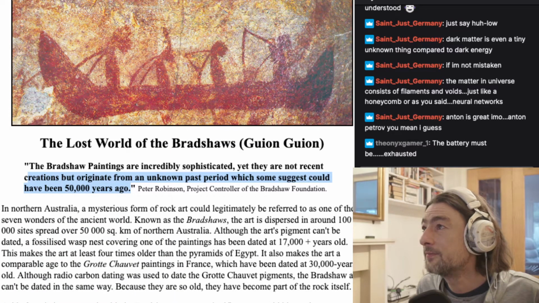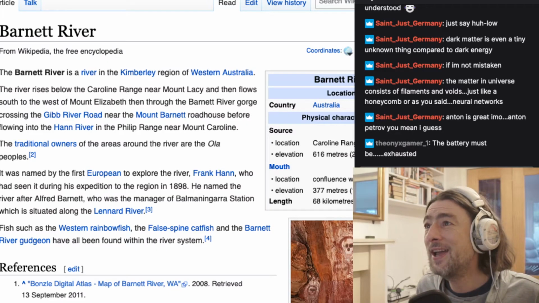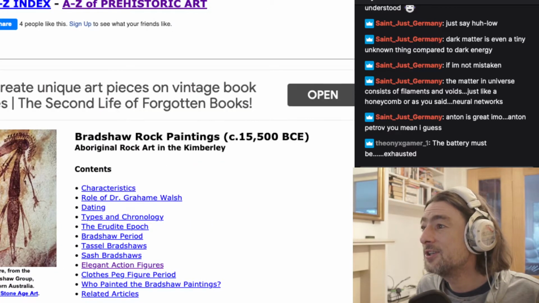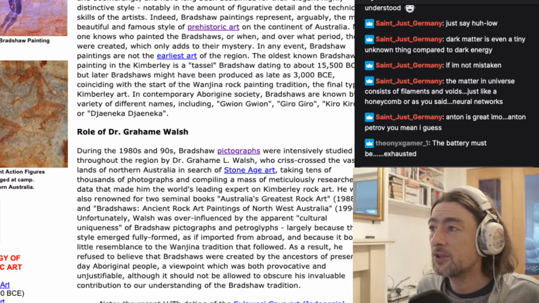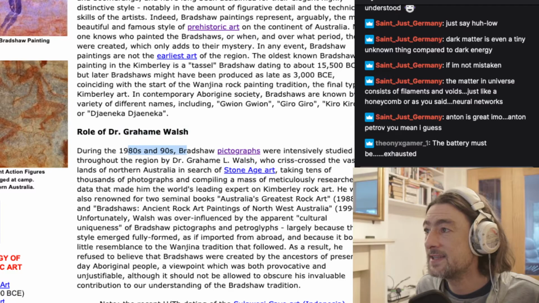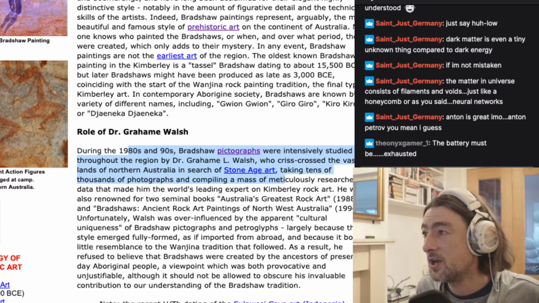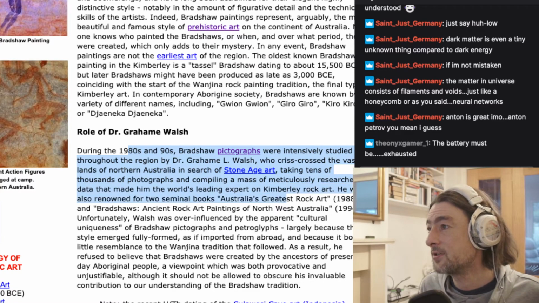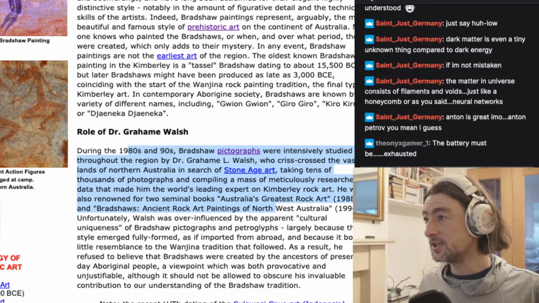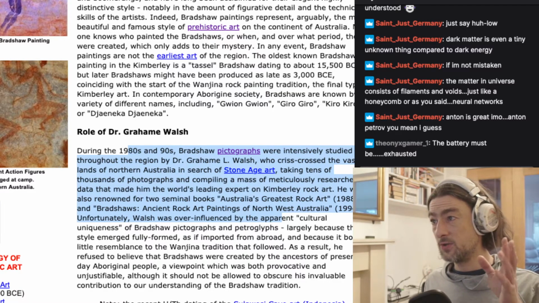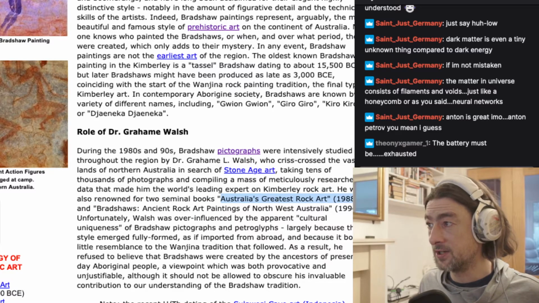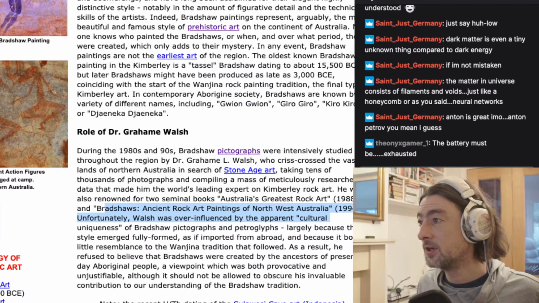Where's my learning page? Where's my page with my bits of learning? This one, isn't it? We can learn about Dr. Graham Walsh as well, who during the 1980s and 90s studied the region and the pictures, crisscrossed Australia, taking thousands of photos, meticulously compiling research, released 2 seminal books, Australia's Greatest Rock Art in 1988 and Bradshaw's Ancient Rock Paintings in 1994.